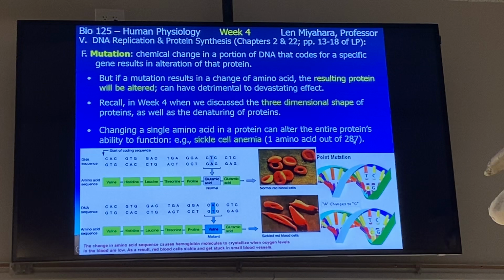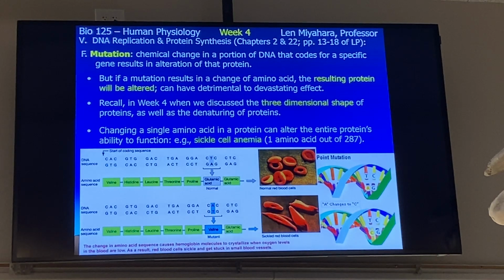And I think I talked about this last week when I talked about the 3-to-1 ratio, how in hemoglobin it's like 300, so it's 900 nucleotides. Do you guys remember me saying that? It's not 300, it's 287, but I rounded up. Okay? You're only changing one amino acid out of 287.